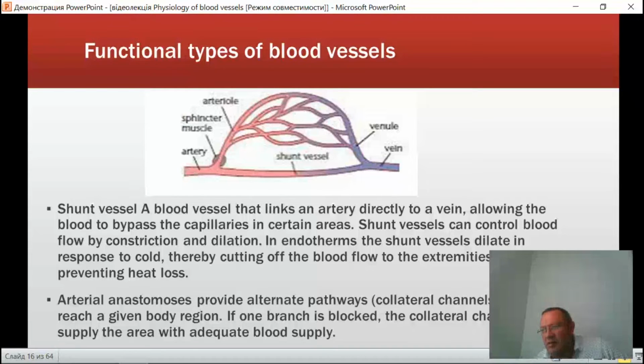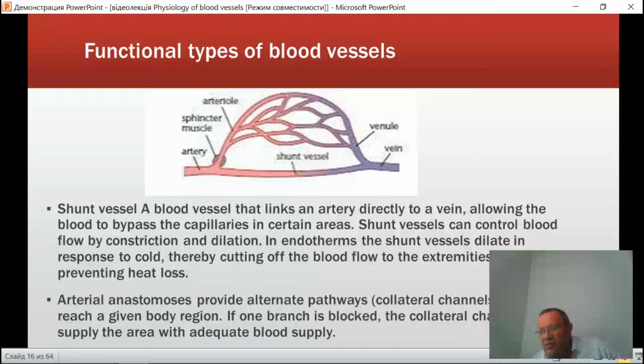In the extremities, the shunt vessels dilate in response to cold, cutting off the blood flow to the extremities and preventing heat loss.